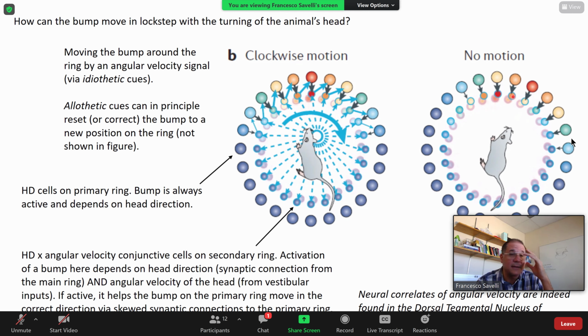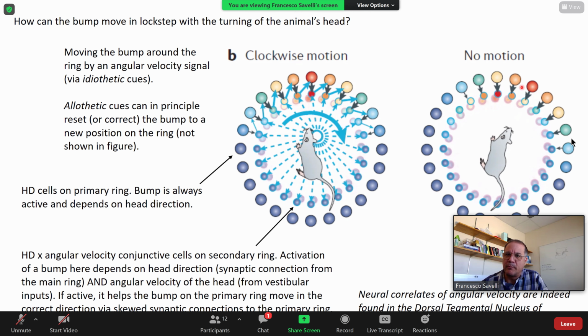Without the additional excitation, the additional drive that comes from angular velocity, you cannot move. These cells don't become active, and so they cannot project back the excitations in a skewed way to move that bump.